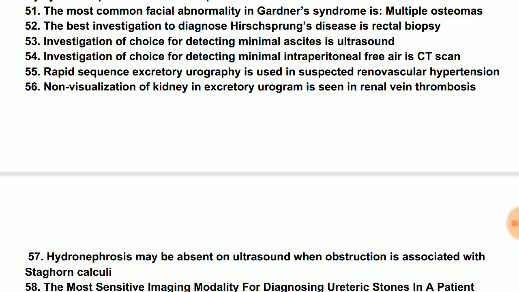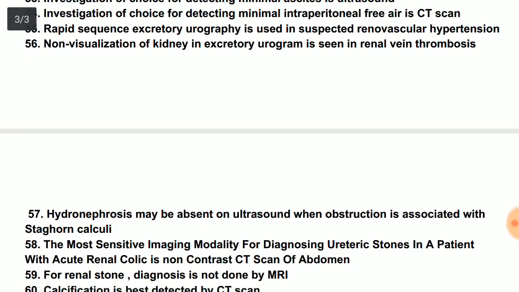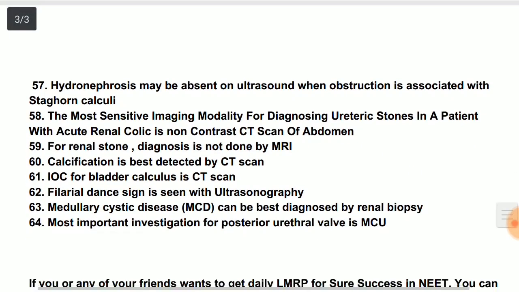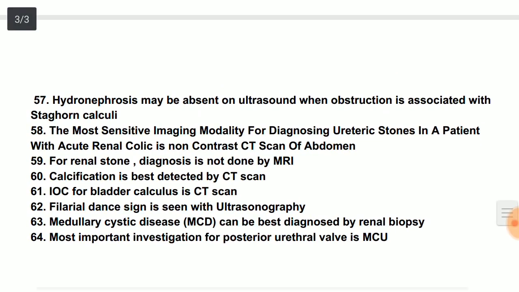Rapid sequence excretory urography is used in suspected renovascular hypertension. Non-visualization of kidney in excretory urogram is seen in renal vein thrombosis. Hydronephrosis may be absent on ultrasound when obstruction is associated with staghorn calculi.